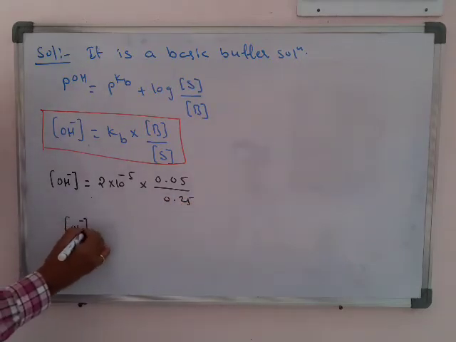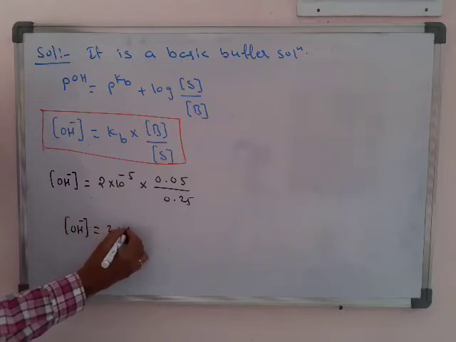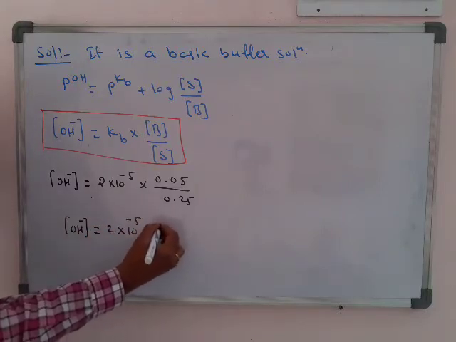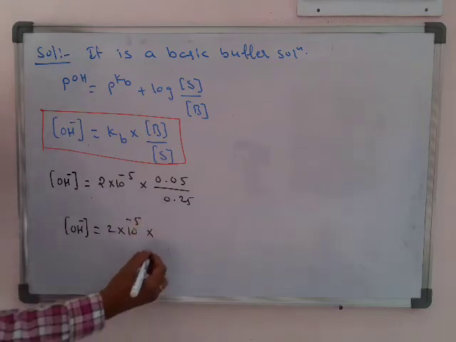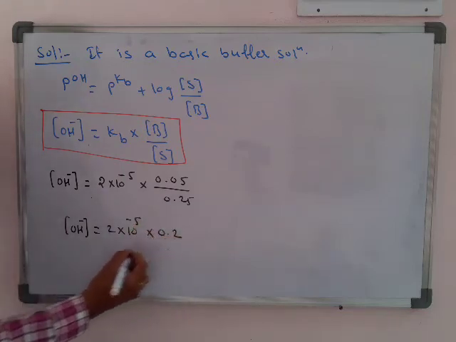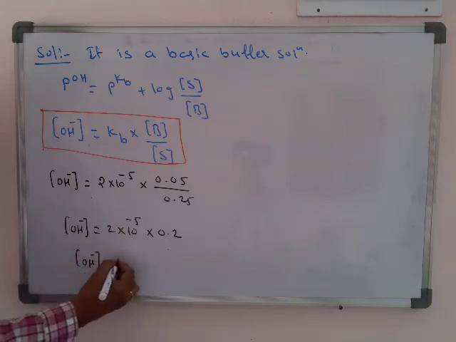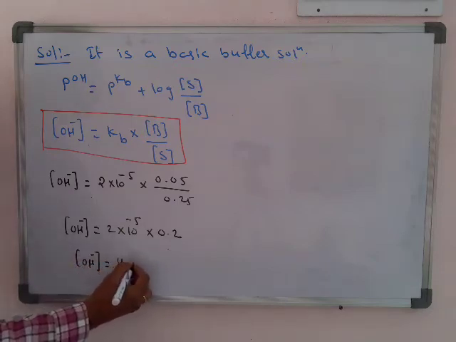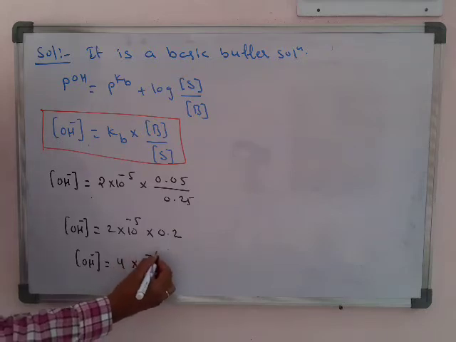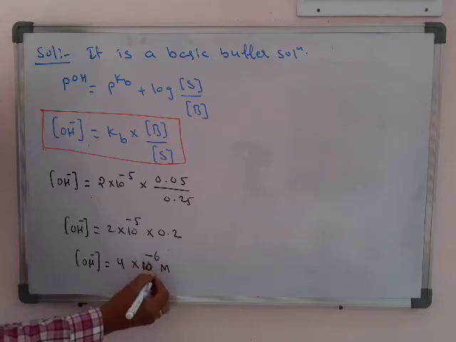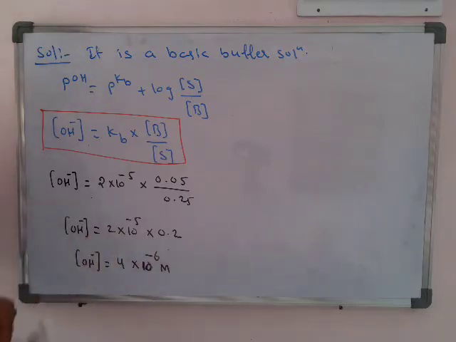So therefore the OH minus concentration, 1 by 5 becomes 0.2. So this is the OH minus concentration.